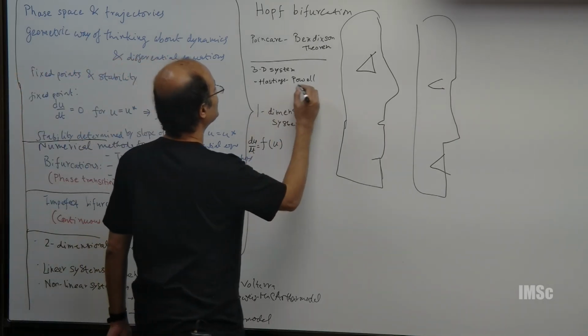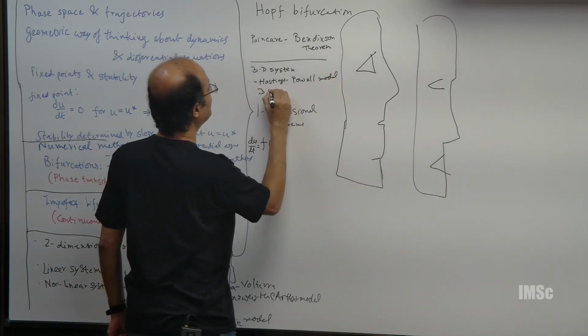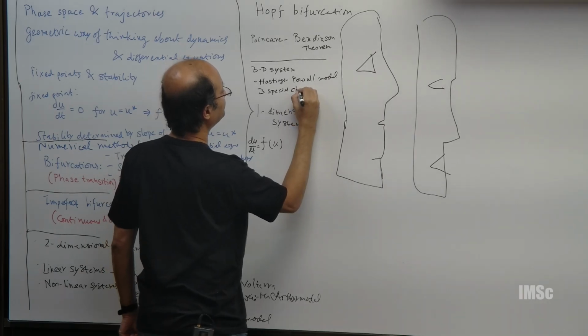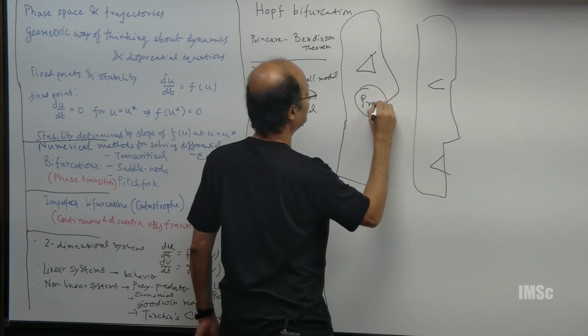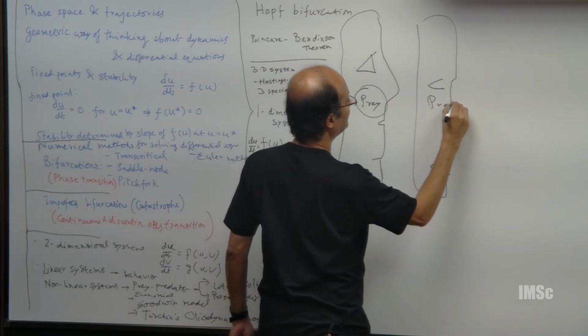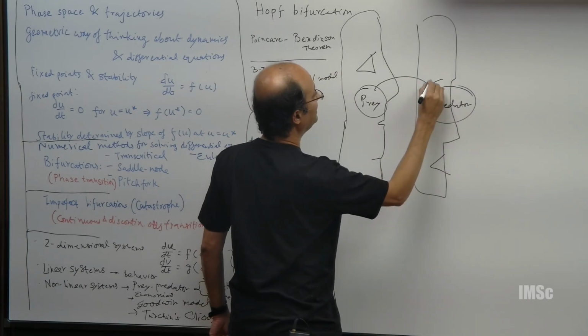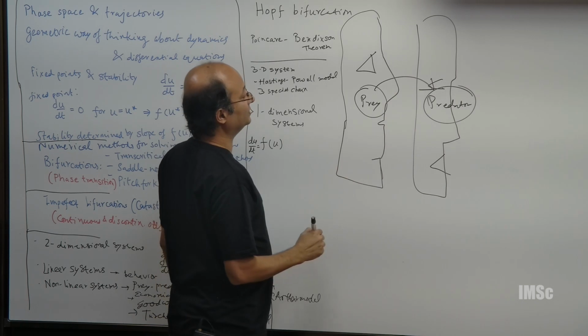The Hastings-Powell model is basically a 3 species food chain. The Lotka-Volterra model has prey and predator, and the prey is being eaten by the predator, so you are giving resource to it.